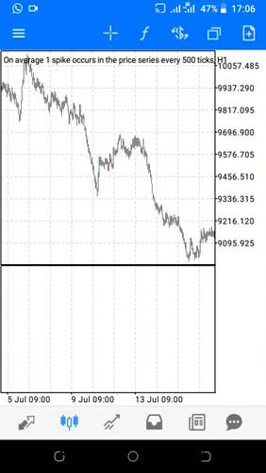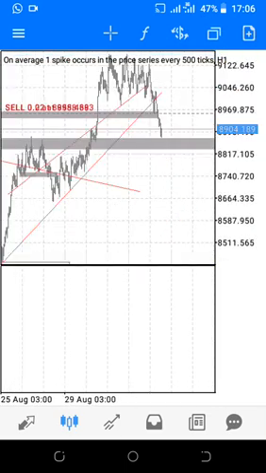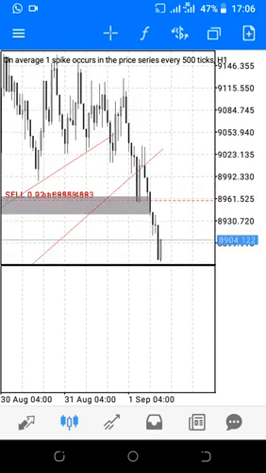So in this case, I remember on my first video I made a video on how to trade boom and crash markets using 0.02 lot size on any account that is less than 30 USD.